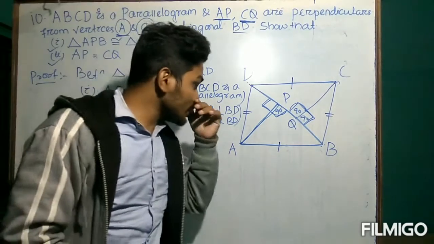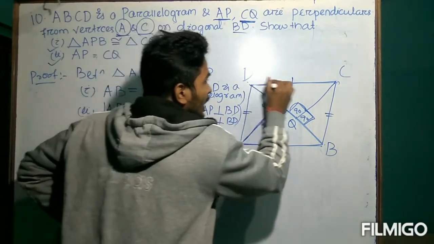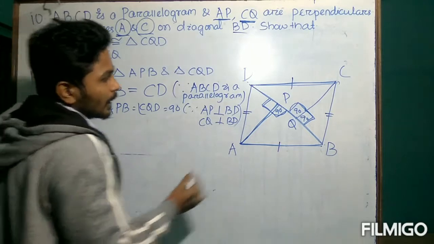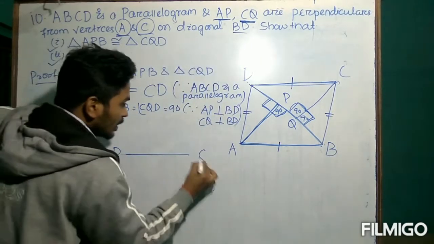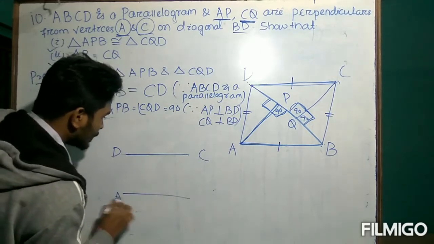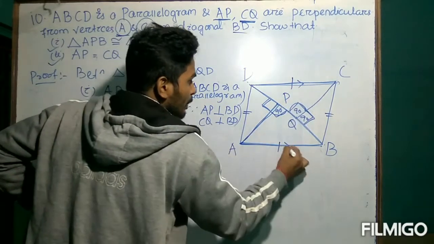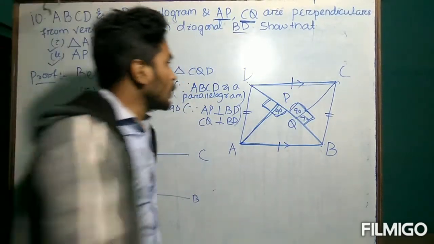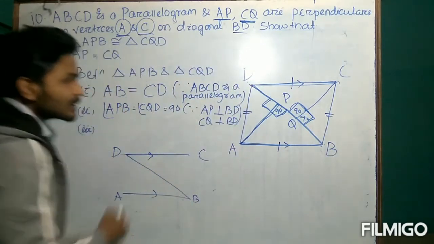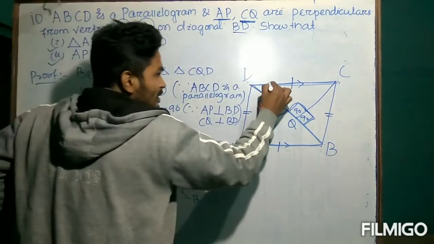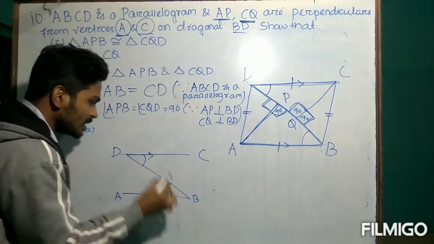According to the third condition, if we consider DC and AB as two lines, we already know these two lines are parallel. If DB is the transversal line, what is the relationship between this angle and this angle?